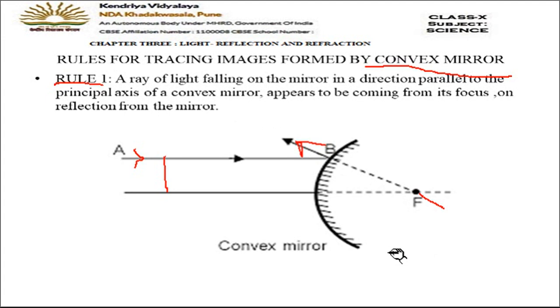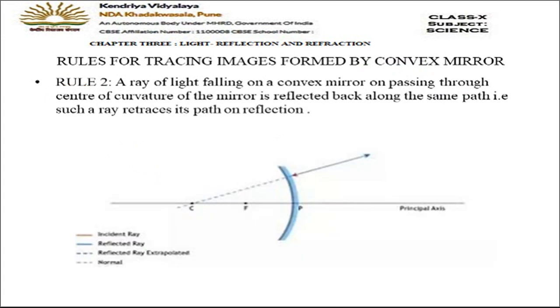Okay, in case of convex mirror. Now see what is rule number two. A ray of light falling on a convex mirror on passing through the center of curvature. You can see this is the ray of light which is coming towards the mirror. Okay, when it strikes here, if it is back extended, it appears that it is coming from the center of curvature.